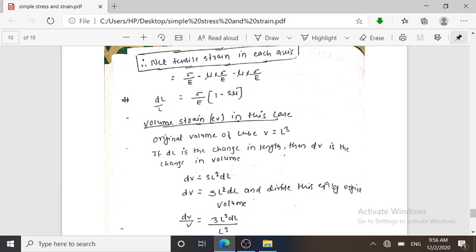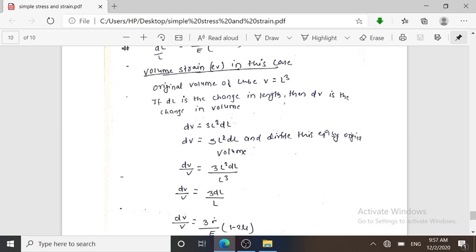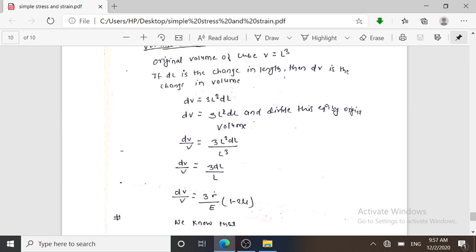So dv equal to 3L square dl. Now divide this equation by the original volume. So dv by v equal to 3L square dl by L cube. L square and L cube cancel, then dv by v equal to 3 dl by L.